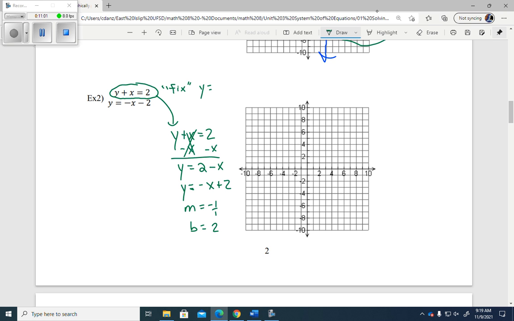So let's graph this first line. Let's start at 2, and let's go down 1 and right 1.